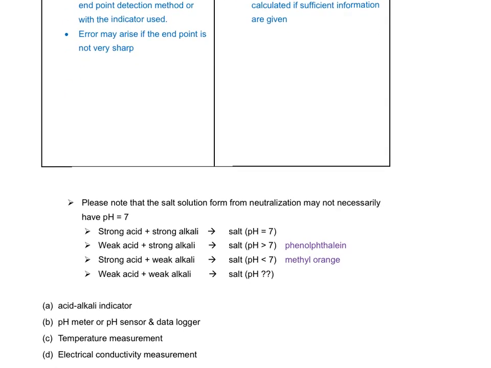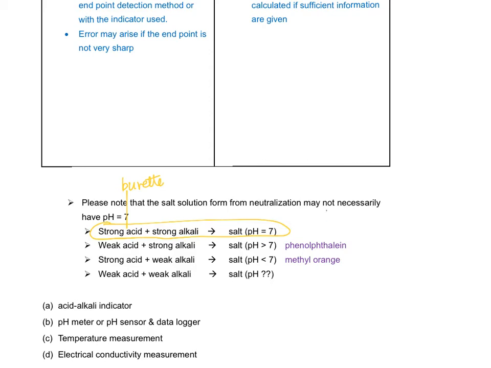You may also need to notice that the equivalence point of an acid-alkali titration may not always be at pH equals 7. If we have a strong acid titrated against a strong alkali, we have the acid in the burette and the alkali in the conical flask.